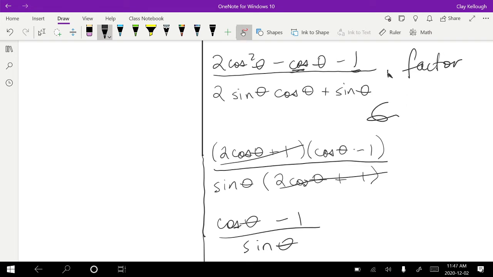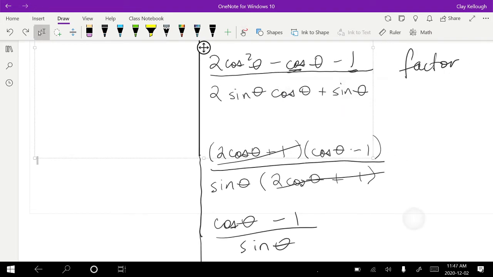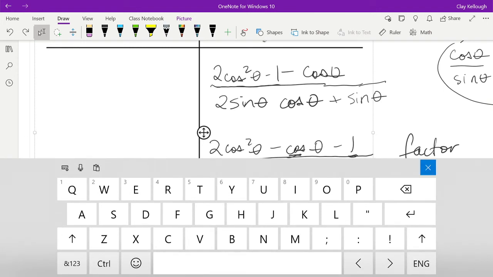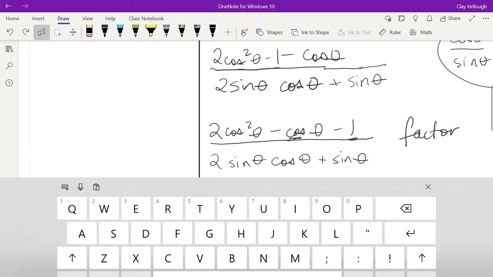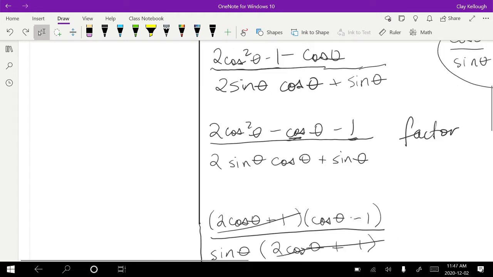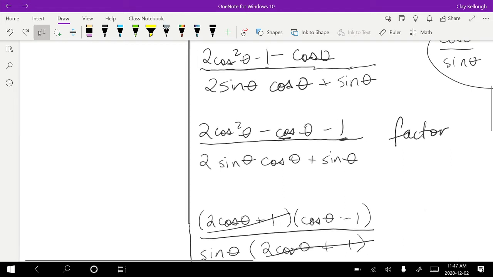No. Oh, wait a minute. What's this thing? Ooh. Okay. And now why can I hear me? Oh, because somebody turned on their mic. Hi, whoever turned on your mic. Unless you're asking me a question, please mute yourself. Thank you.